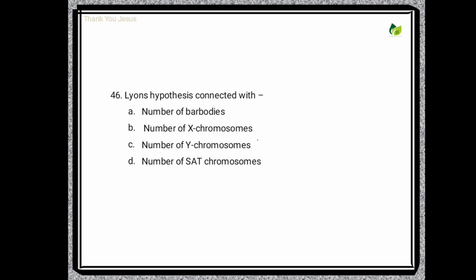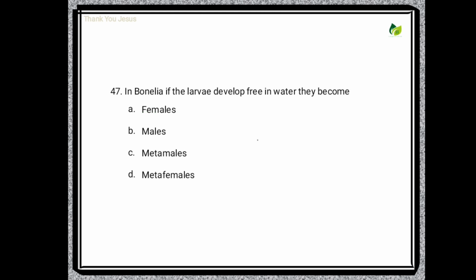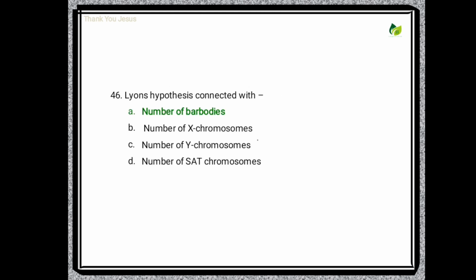Lyon's hypothesis is connected with. Options are number of bar bodies, number of X chromosomes, number of Y chromosomes, number of SAT chromosomes. The correct answer is Lyon's hypothesis is connected with the number of bar bodies. Okay, so bar body is a heterochromatinized inactive chromosome.